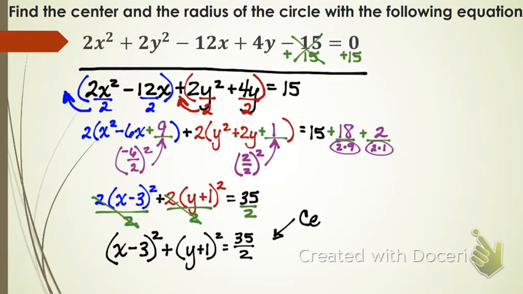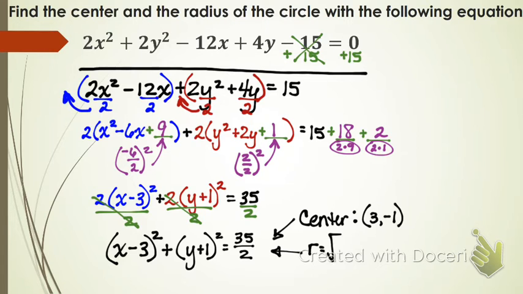My center is where? Where is the center at? 3, negative 1. And the radius, I would do the square root of what's after the equal sign, right?